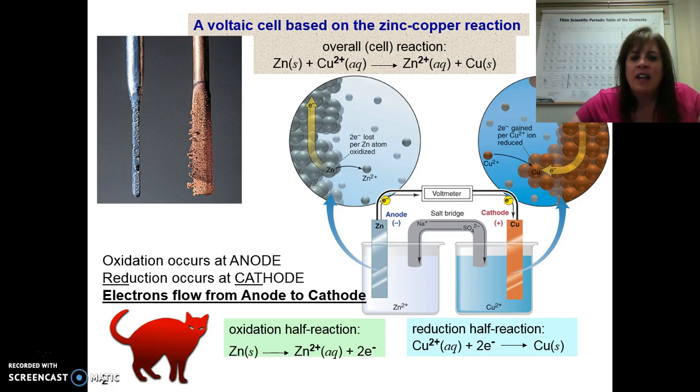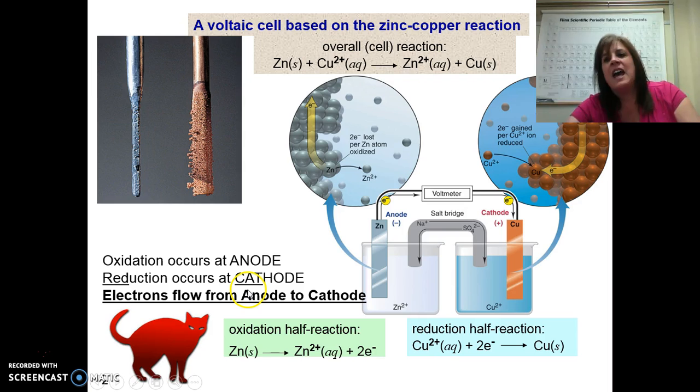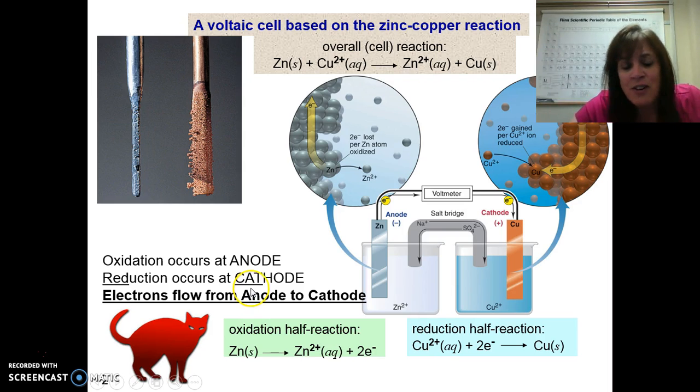Well, I call that red cat, right? Red cat. Reduction occurs at the cathode, which means that oxidation must occur at the anode. And electrons will flow from anode to cathode because the anode is oxidized, losing electrons. The cathode is reduced, it's gaining electrons. Those are some things you need to remember.